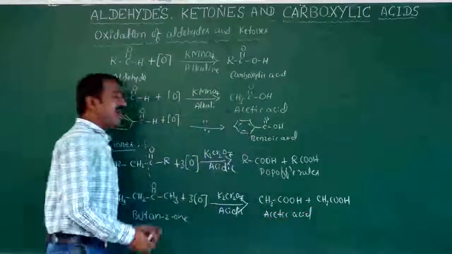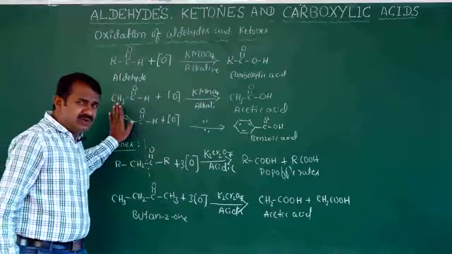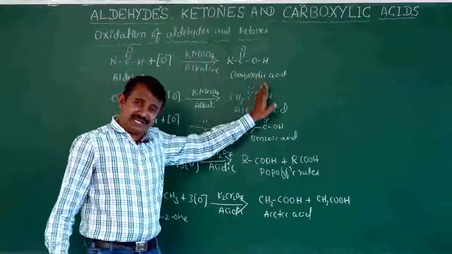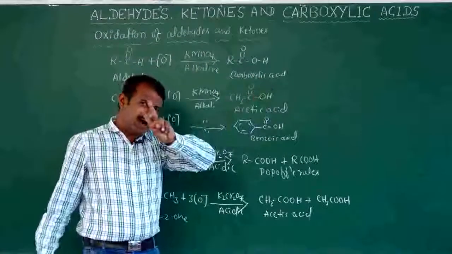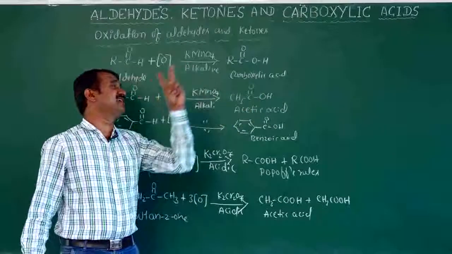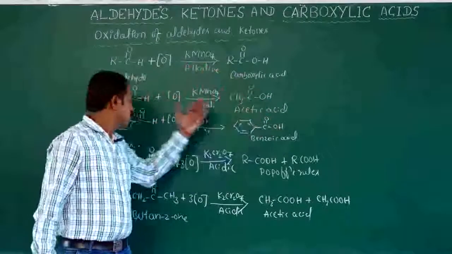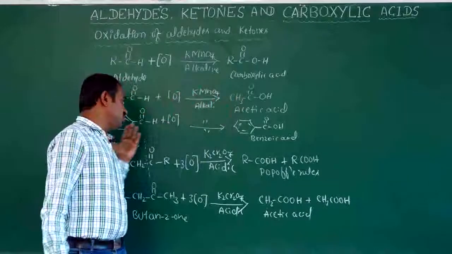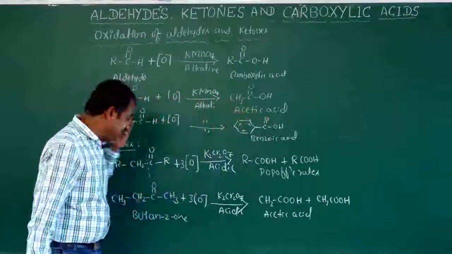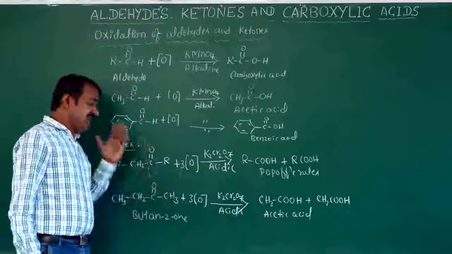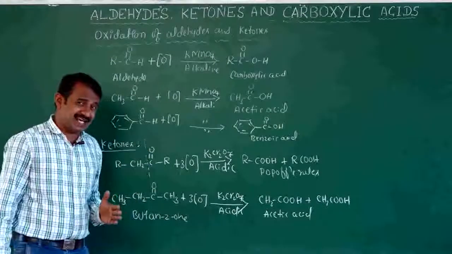But in aldehydes, you get a carboxylic acid with the same number of carbons we have taken. If we take ethanal, 2 carbons, you get ethanoic acid. Butanal gives butanoic acid. Pentanal gives pentanoic acid. Benzaldehyde gives benzoic acid. But in ketones, you get carboxylic acids with a lesser number of carbons.